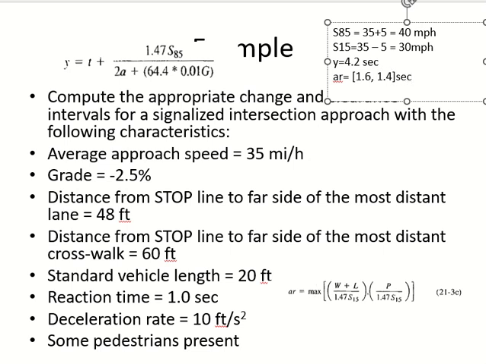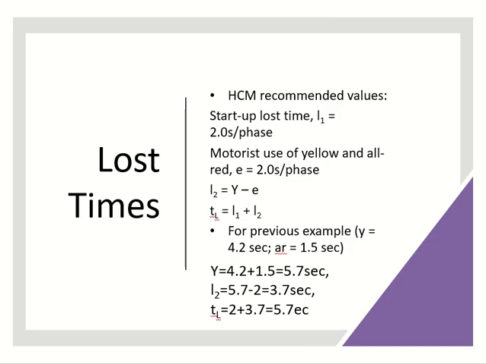So I will use this one. Okay, so my all red time is 1.6. Clear? Any questions? Okay. Next we move on to the calculation of loss time.